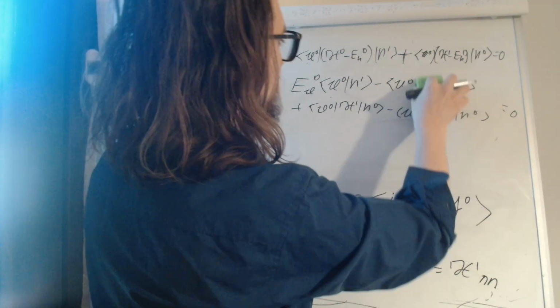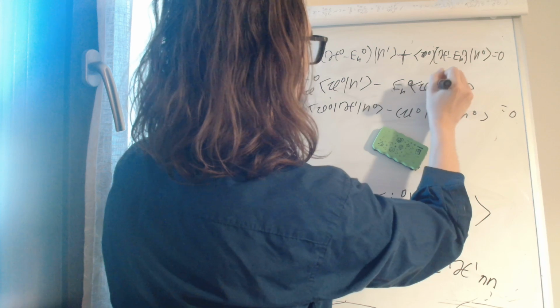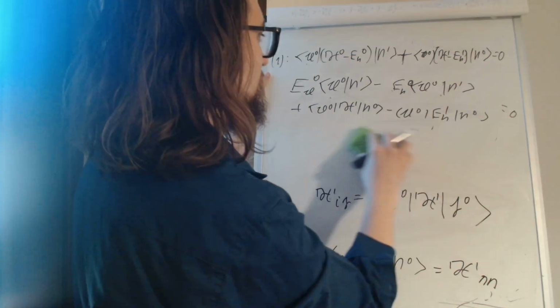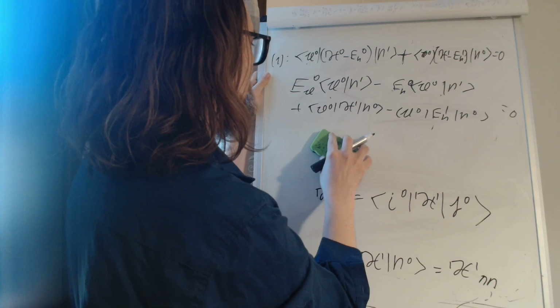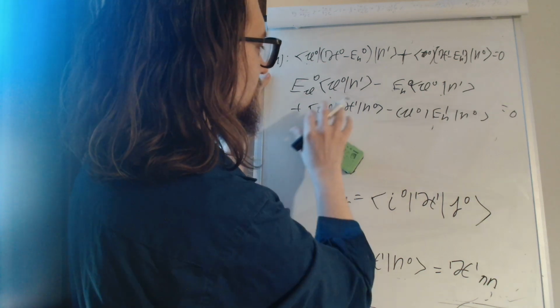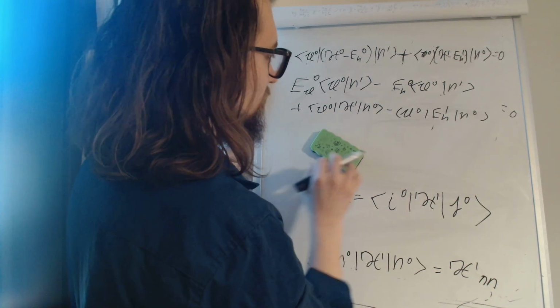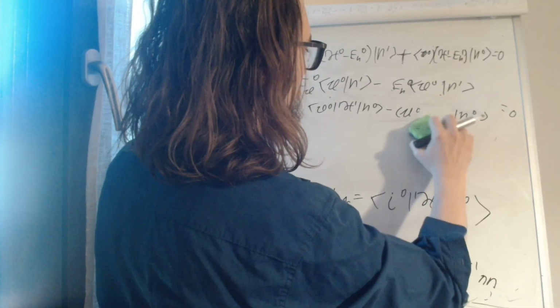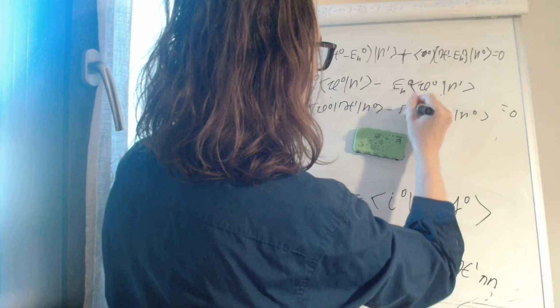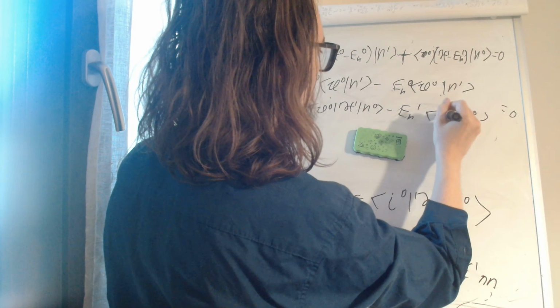Here we can take out en0 and we obtain this, and then here we can't do anything, and here we can take out en1 and we get this.